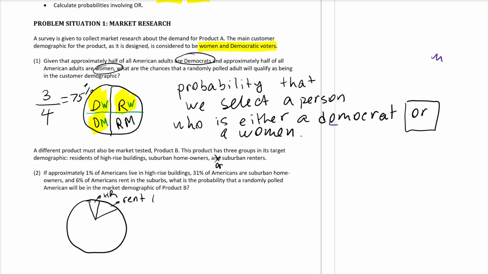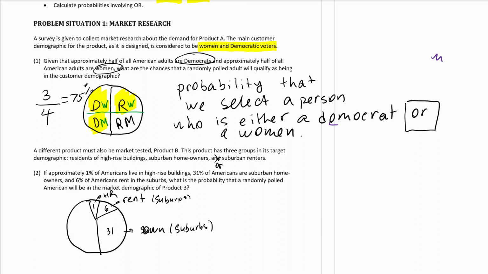In suburbs. And then we got 31%. So we got 1, 6, and we got 31% who live in suburbs. So they are homeowners. So own suburbs. And the other ones are whatever, right? The other ones are not included in here.